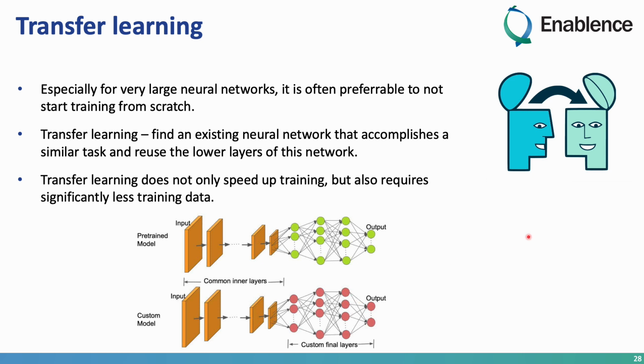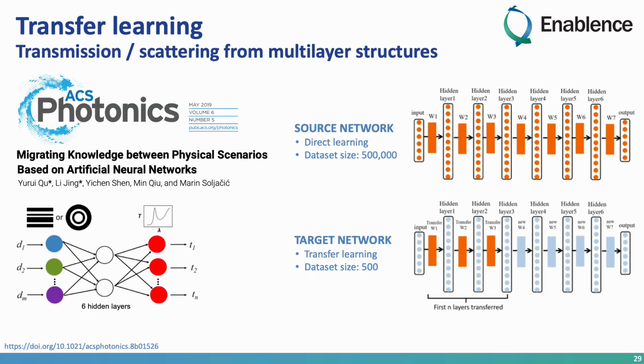Transfer learning is particularly useful when the source data set is large and inexpensive, and the target data set is small and expensive. This is an example where transfer learning was used to migrate knowledge between different physical scenarios of multilayered structures. The overall setup was the following.